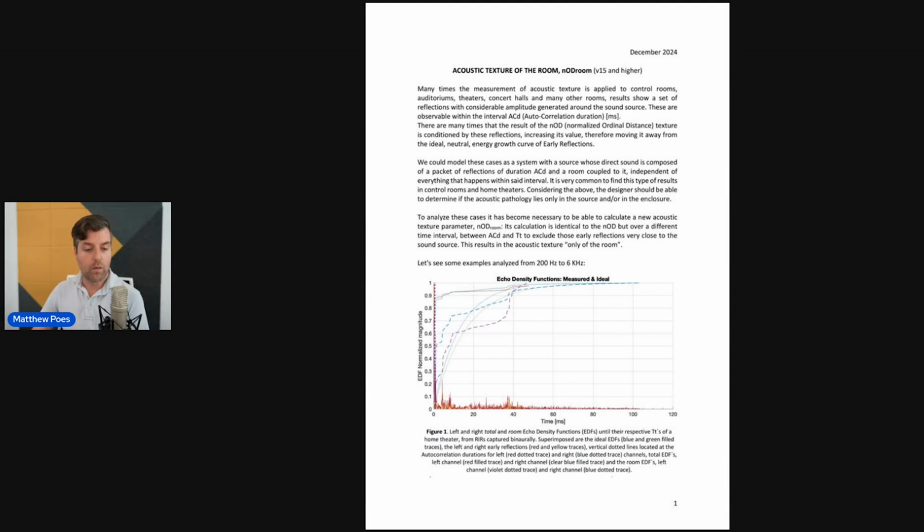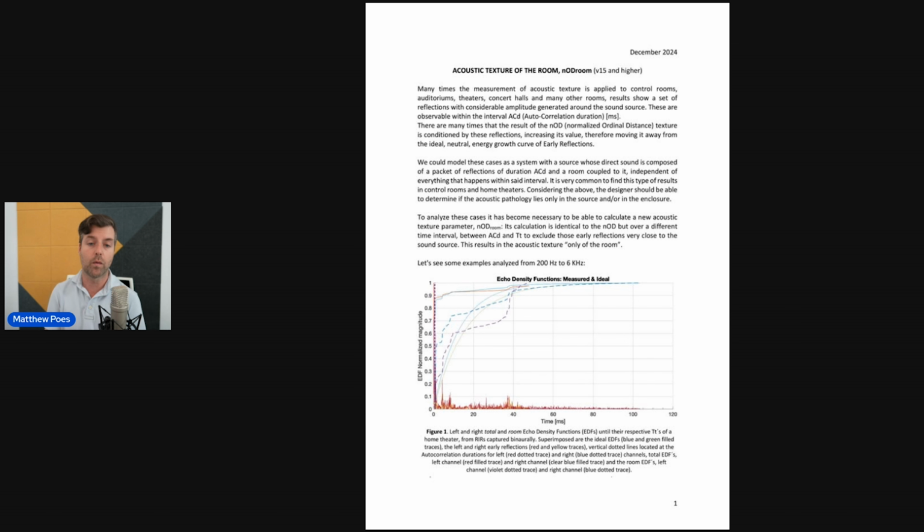All right, I want to show you something else. I think I want to show you this. Here we go. So when version 15 of the software came out, which is the version that we're using, he actually made some changes to it. So he says many times the measurements of the acoustic texture are applied to control rooms, auditoriums, theaters, concert halls, and many other rooms.